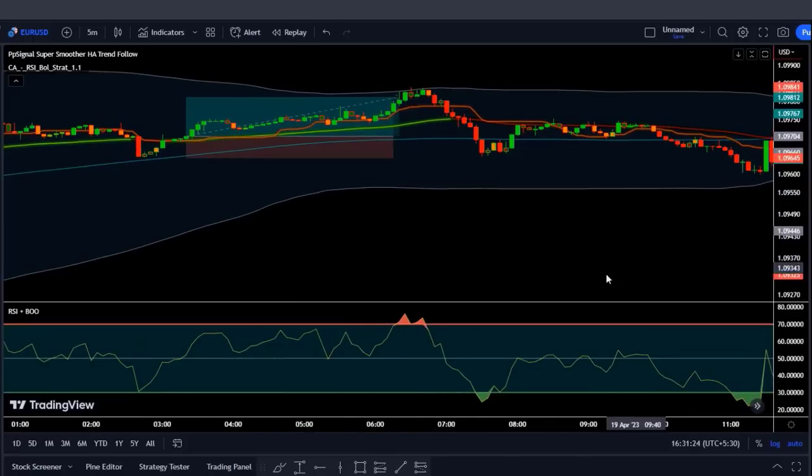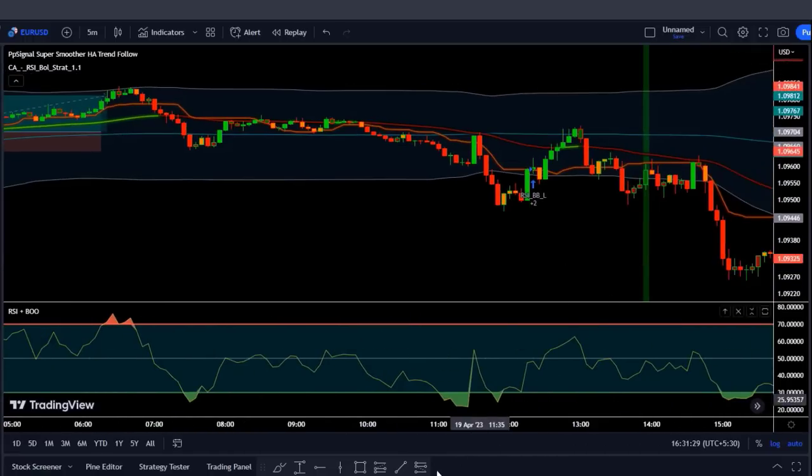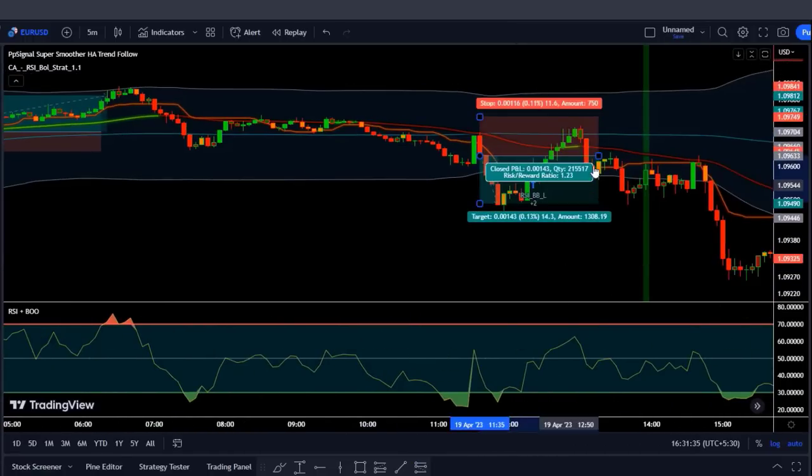We achieved nearly 500% profit, and this much profit in such few trades is truly amazing.